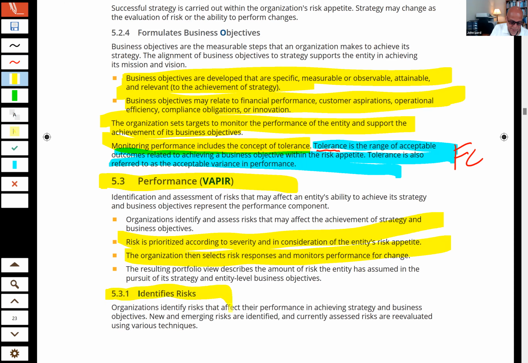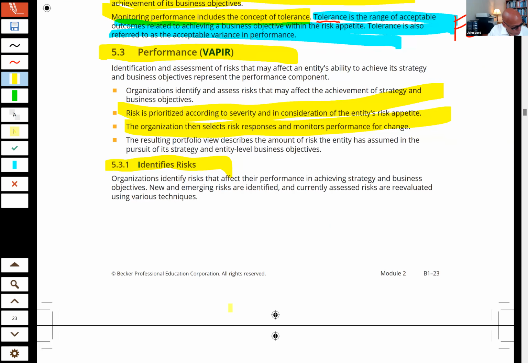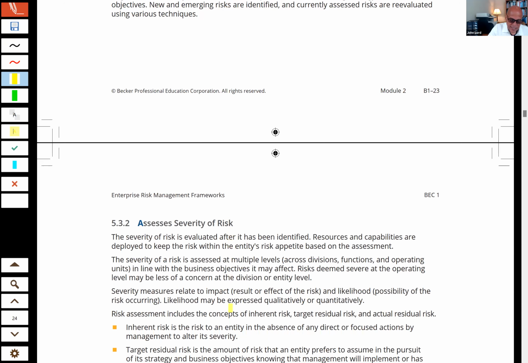Now, let's take a look at the identified risks. When we identify a risk, we assess the severity of the risk. What is going to be the ultimate impact on the company by these various risks? Obviously, the more severe the impact, the more we're going to want to address that particular risk.